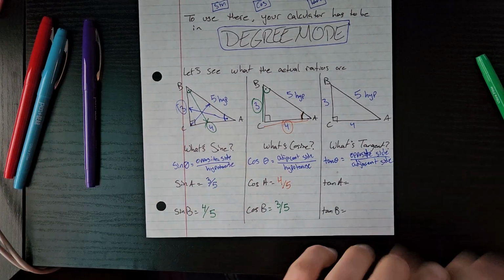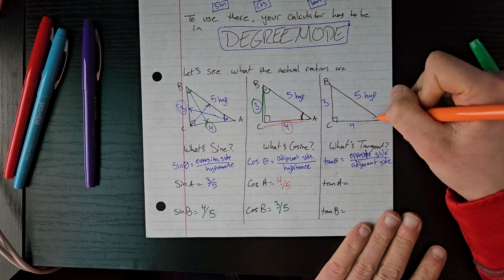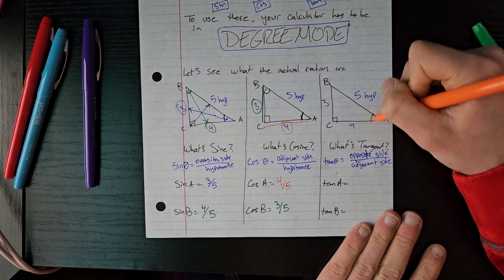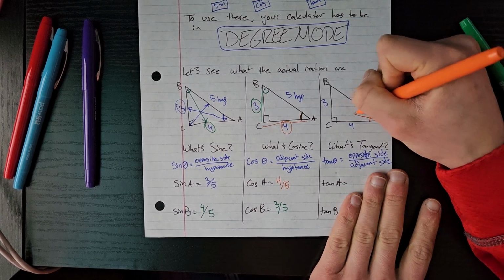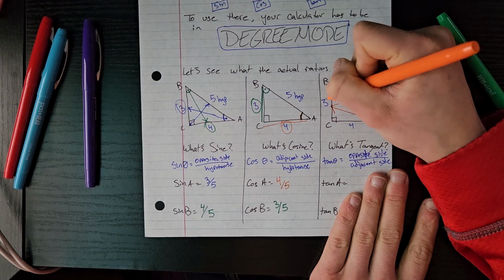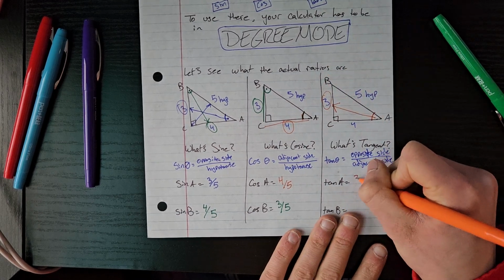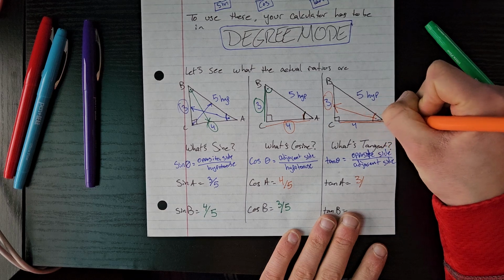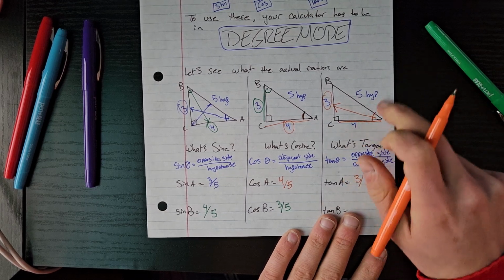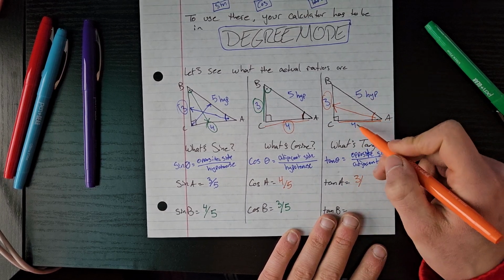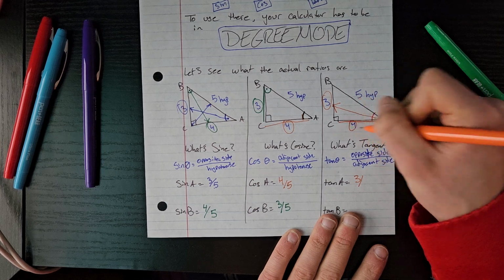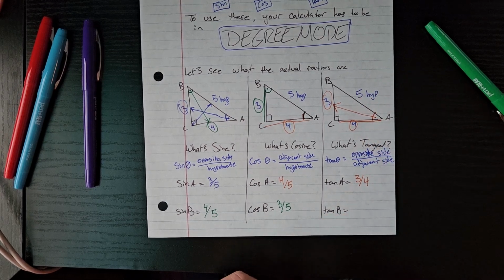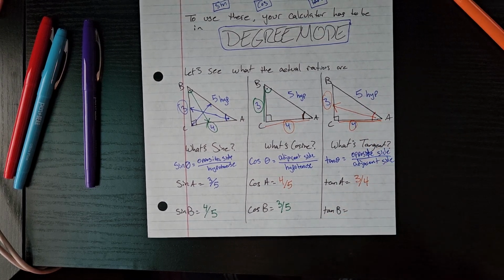So when working with tangent of A, I'm going to start at angle A and go to its opposite side. And that's 3. And that'll be over its adjacent side. Remember, adjacent side is different from the hypotenuse. So in this case, it's 4. So my tangent of A should be 3 over 4.